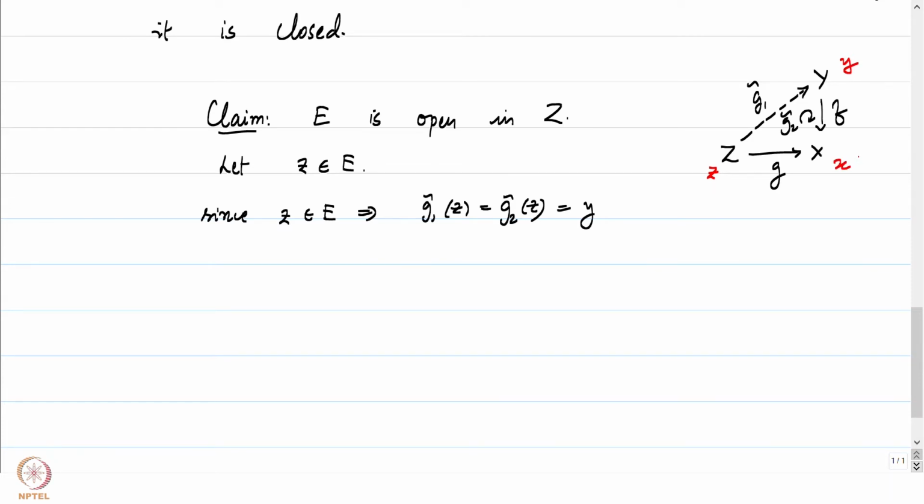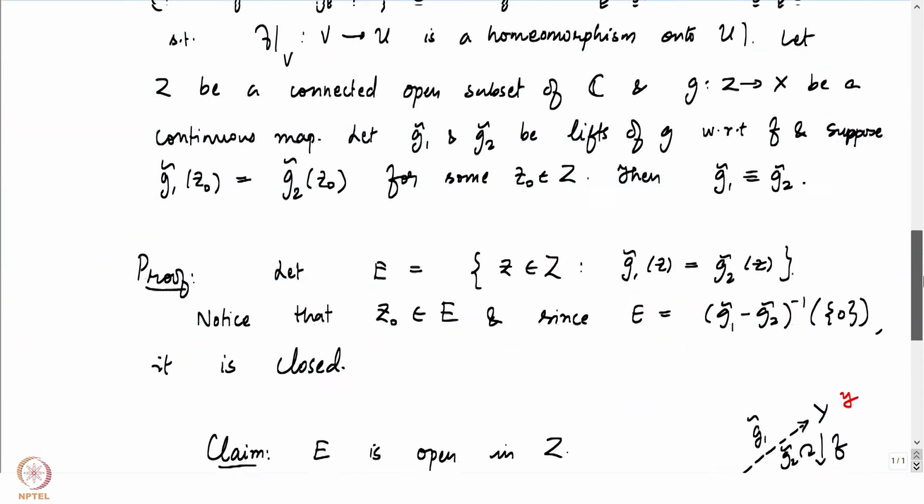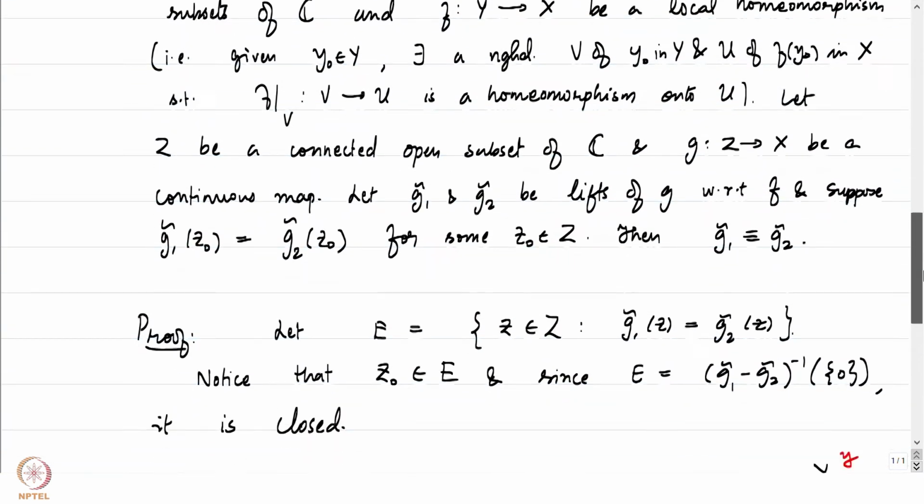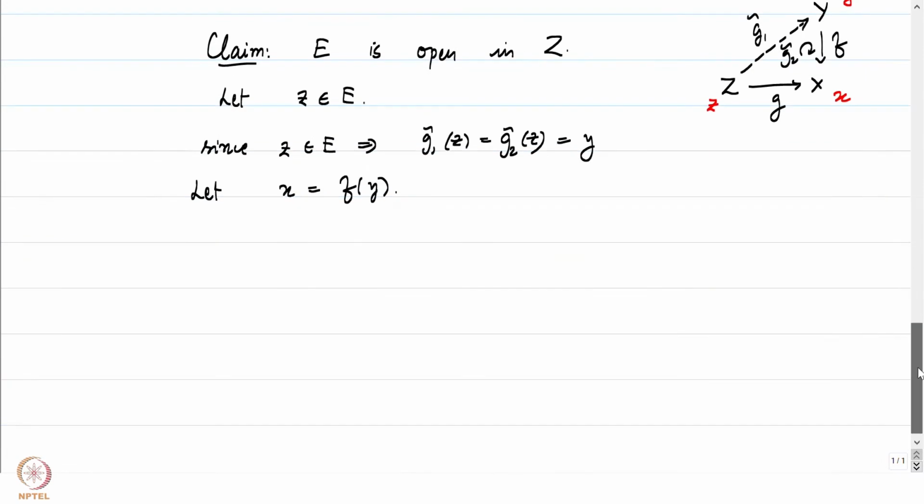And by the very commutativity, G is going to map Z to X. Let X be equal to F of Y. Now, we have not used the fact yet that our map F is a local homeomorphism, and because F is a local homeomorphism, there exist a neighborhood of small y, let's call that V, and a neighborhood of X, let's call that U, such that F restricted to V from V to U is a homeomorphism.